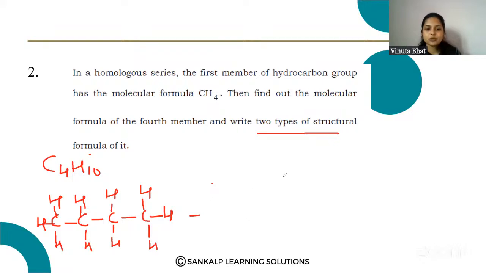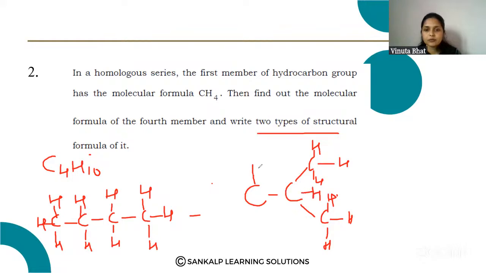And one more type. Here 1, 2, 3, 4 carbons. You have to fulfill the carbon valency, 1, 2, 3, 4. Here, one hydrogen I will add.